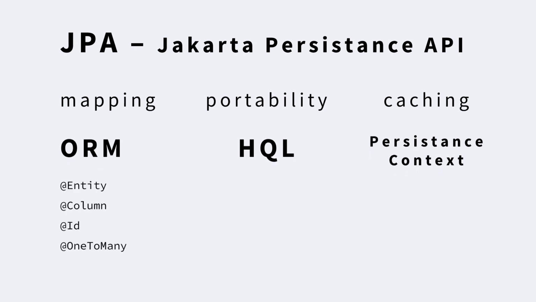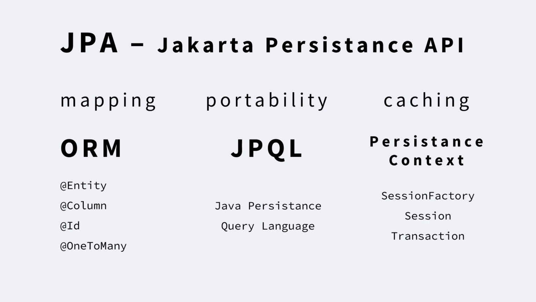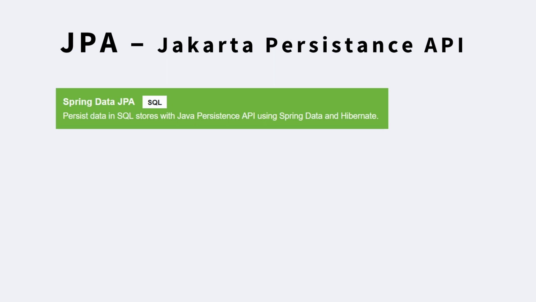Main annotations for object relational mapping transferred, like entity, column, one-to-many. Hibernate Query Language became Java Persistence Query Language, or JPQL, and other concepts were transferred as well, like session became entity manager. To support working with JPA specification, the Spring team created the spring-data-jpa starter, with Hibernate as the default implementation.